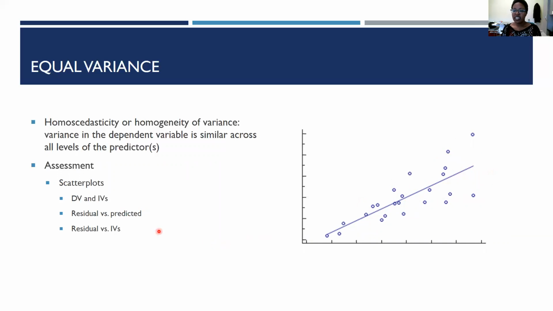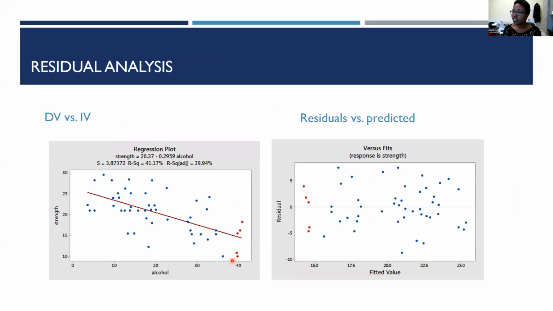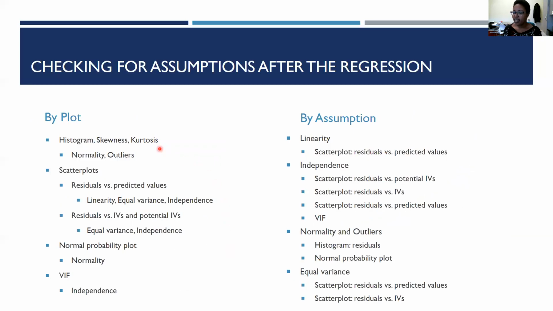You can also see this in your residual plots, right? So you can do your residual versus your predicted values. You can do it in residuals versus independent variables, right? To see if you have some scatter that looks like it's widening from one end to another. All right, so actually when you're running these plots, when you look at the residuals histogram, you can check for multiple things, normality and outliers.